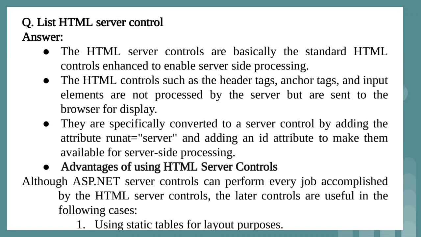HTML server control means all the tags which are available in HTML can be run at the server because of the HTML server control, by writing runat equal to server. So whenever we put runat equal to server in any HTML tag, that is considered an HTML server control.